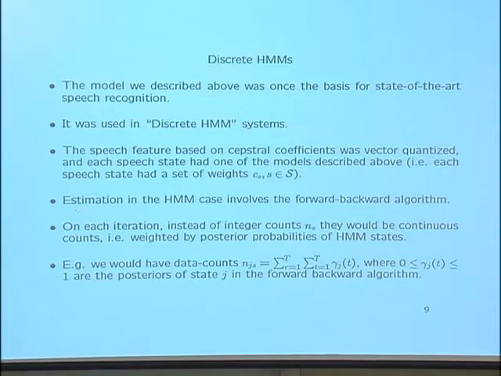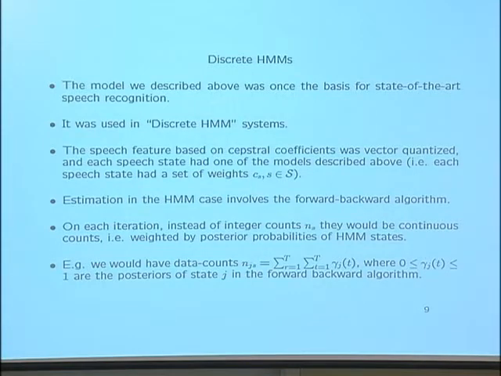What people used to do is you have this continuous speech feature based on cepstral coefficients. And people used to vector quantize it to, let's say, 256 VQ bins. So you get a discrete value. And then in each HMM state, you would have this discrete model with, you know, the C sub s. And for many years, this was how they did speech recognition.